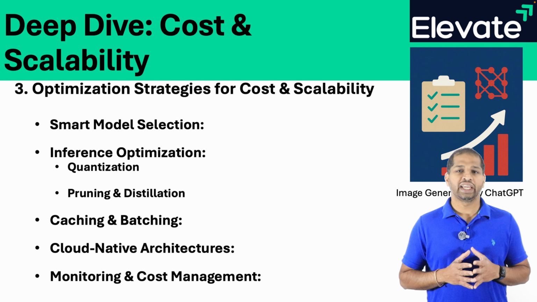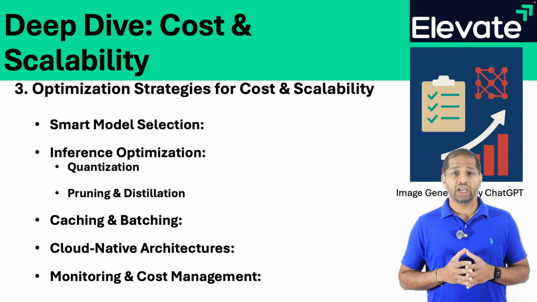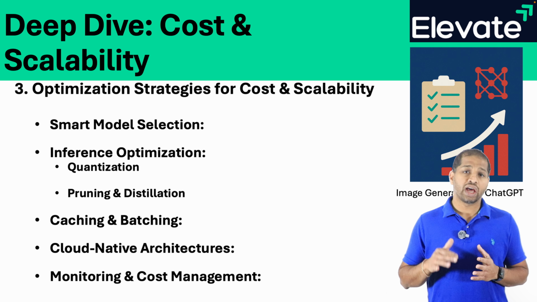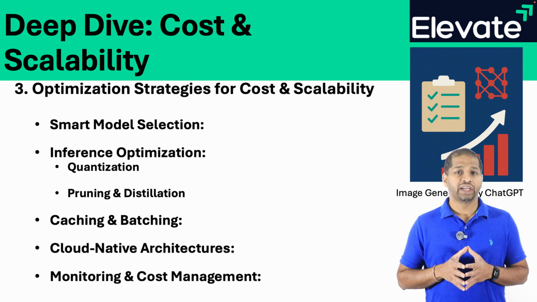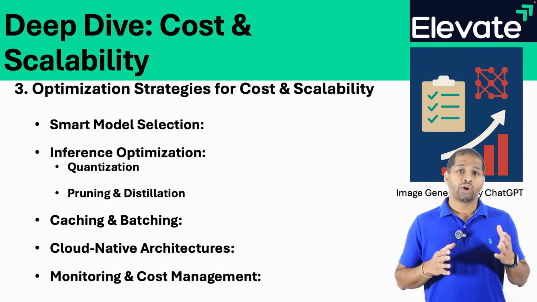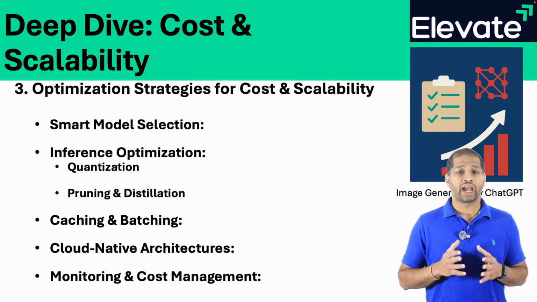For deployment, embracing cloud-native architectures is key. Serverless functions are excellent for bursty, unpredictable workloads as you only pay for the compute time you actually use. Autoscaling groups can automatically adjust your compute resources up or down based on real-time demand, ensuring you always have enough capacity without overspending.